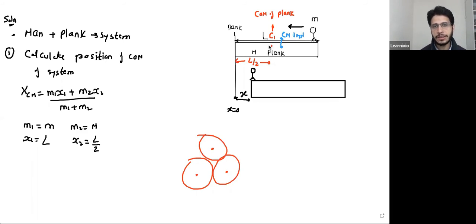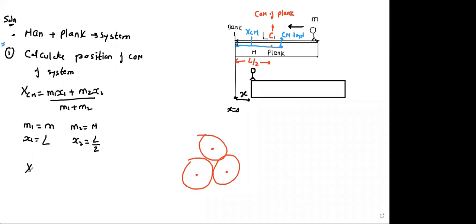You can replace the man and plank by this point. Now I need the x coordinate of this point, which I call x center of mass. Substitute these values, get the value of xcm. That's the first part, if I'm breaking this numerical into parts.